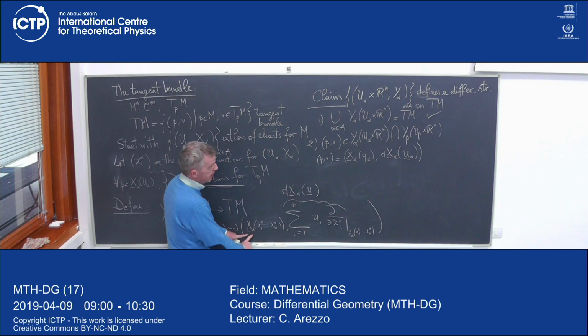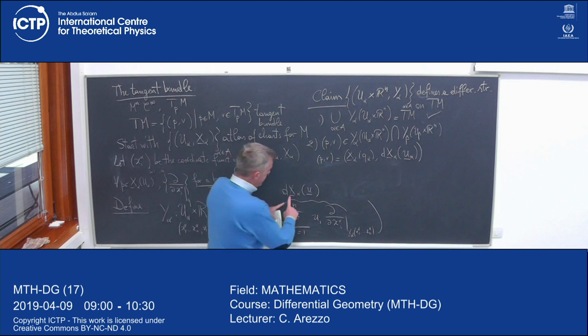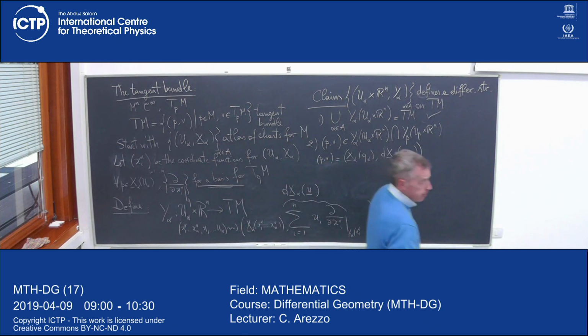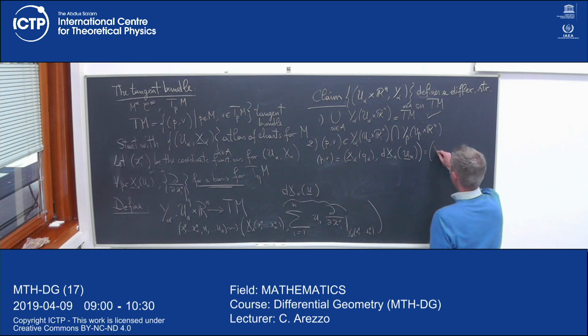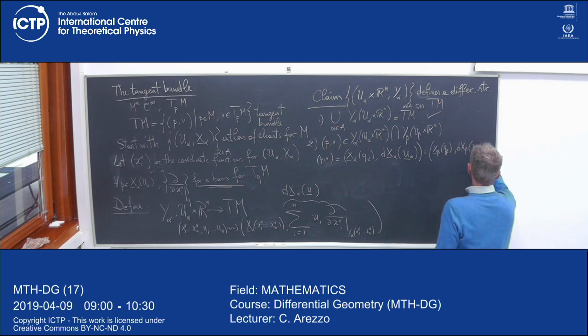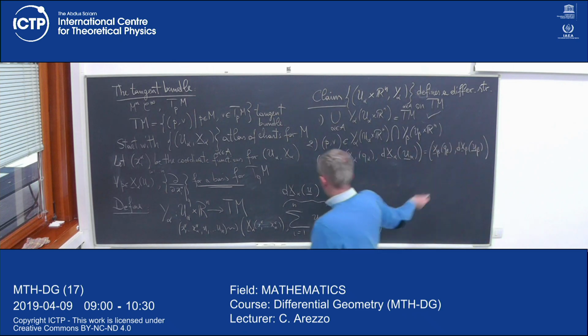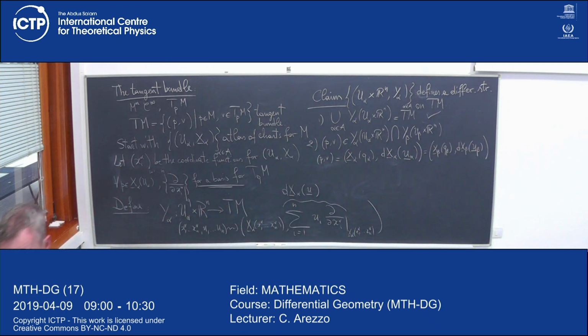So the first part is x alpha of something, and the second part is dx alpha of something. But it's also in the beta. So this is also x beta of q beta, dx beta of u beta. Note that the objects are all different. Q alpha, Q beta, they all live in different spaces.